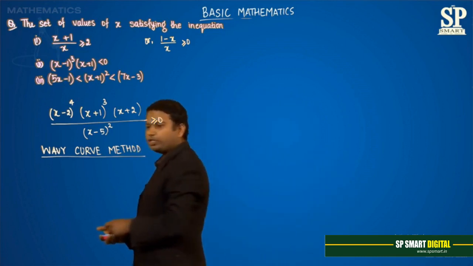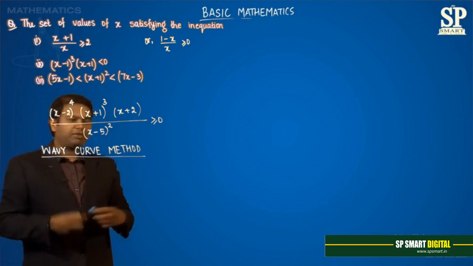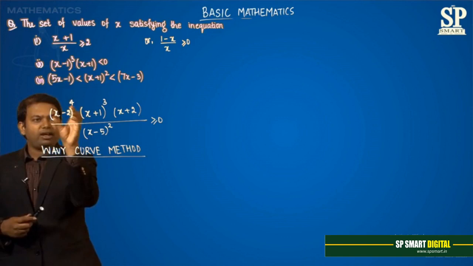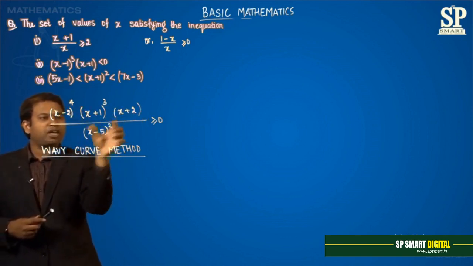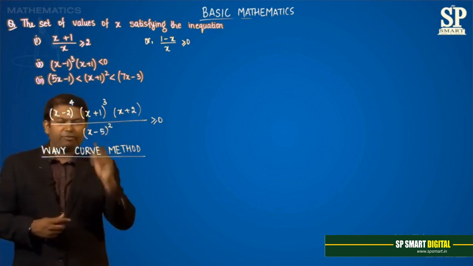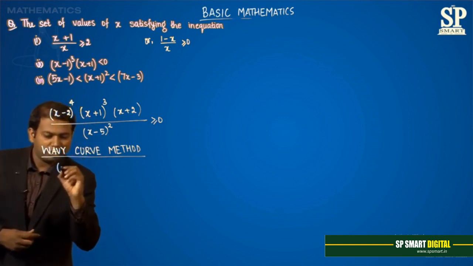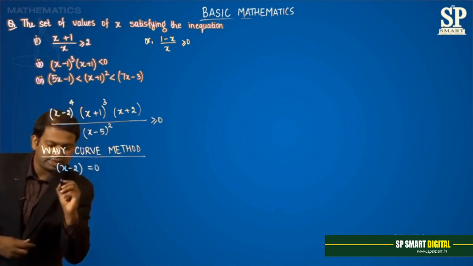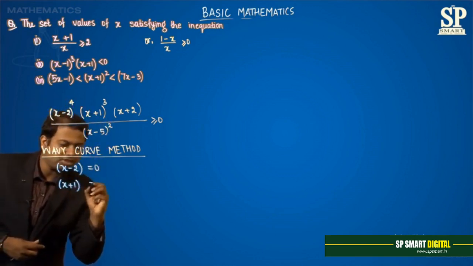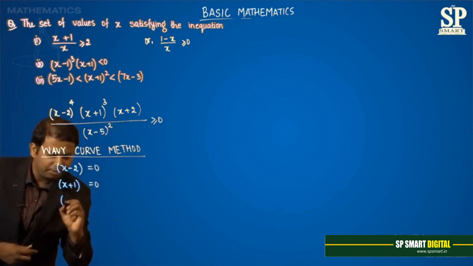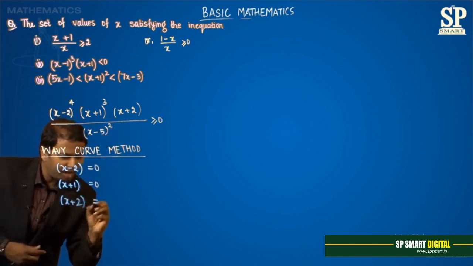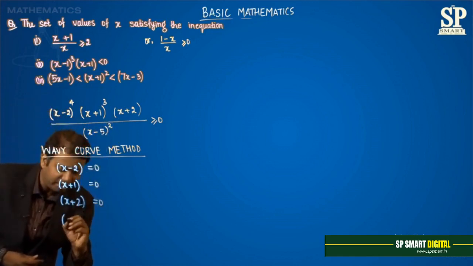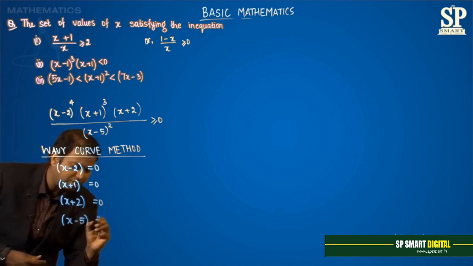So how do we solve this inequality? So the first step here is to figure out where all these factors become 0. That is to say, we have to find the values of x where x minus 2 becomes 0, x plus 1 becomes 0, x plus 2 becomes 0, and the last and the remaining term that we have inside the bracket, x minus 5 becomes 0.